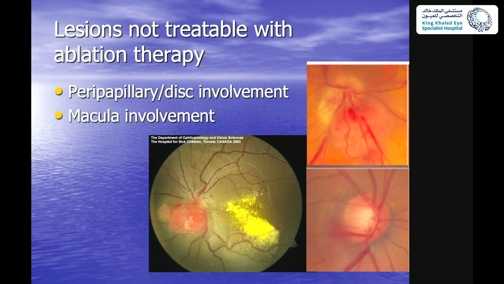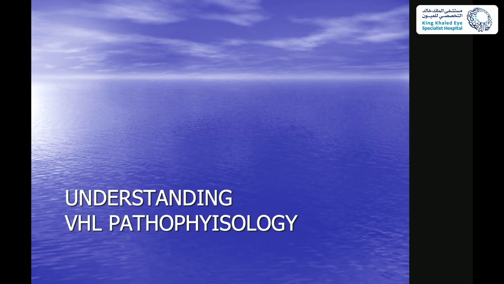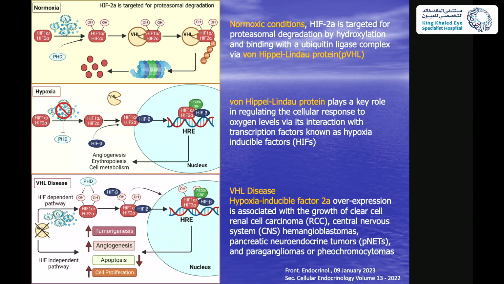At the same time, there are lesions that are not really treatable with surgery or with ablative therapy, mainly those lesions that are located around the optic nerve or at the macula. In those cases, you need to think of other treatment alternatives. By understanding the pathophysiology, you can think of treatment options outside the box.